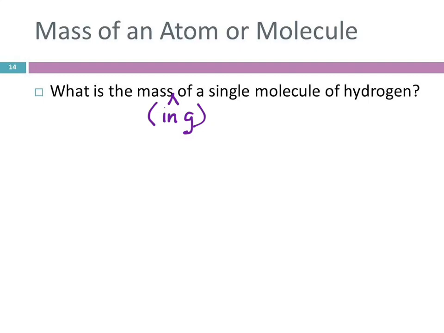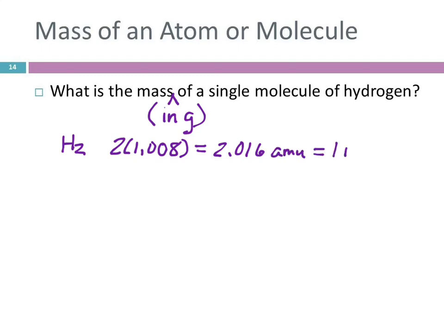We can look at the periodic table and figure out the mass in atomic mass units. A molecule of hydrogen is H2, right? Because hydrogen is a diatomic element. And so 2 times 1.008 will give us 2.016 atomic mass units is equal to 1 molecule.